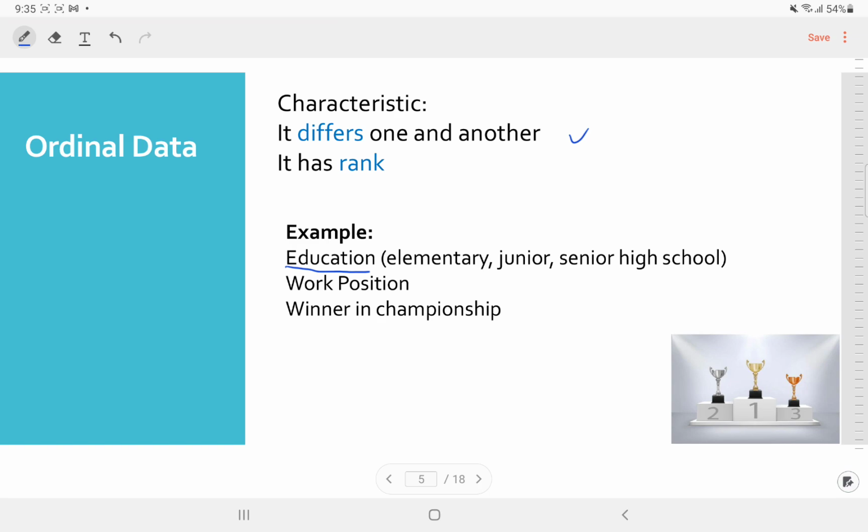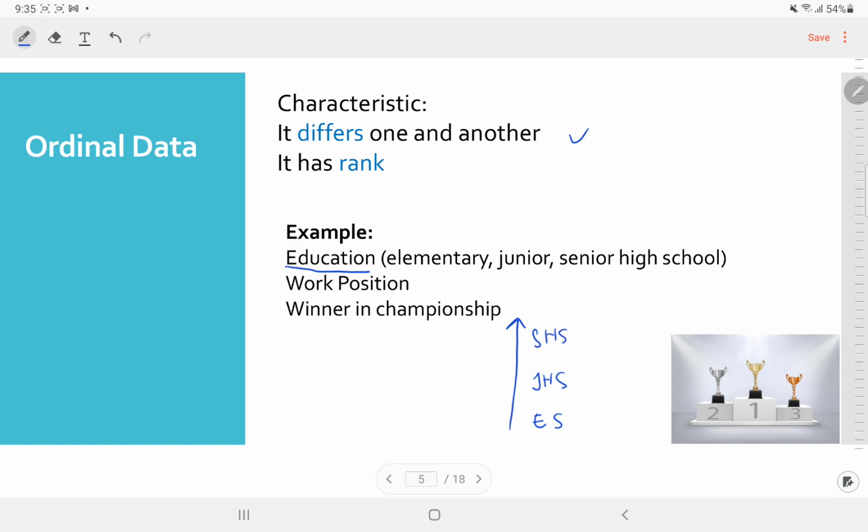But the most important thing here, the elementary school, junior high school, and senior high school are not only different, but they have rank. It can be based on the level of education and also based on the age of the students. So if you can just draw it, this is the lowest level, elementary school, and this is junior high school, and this is senior high school.